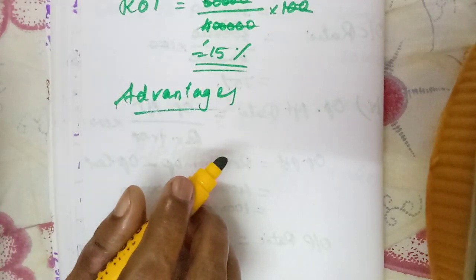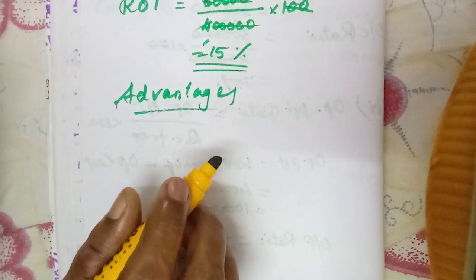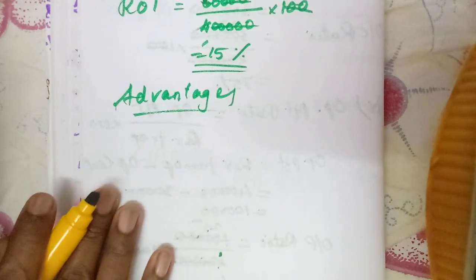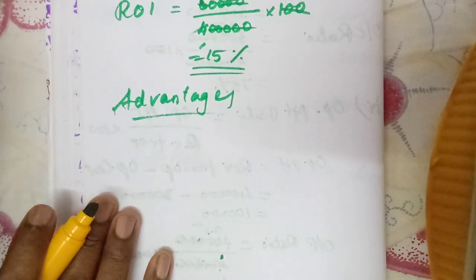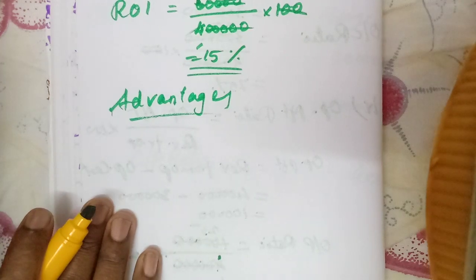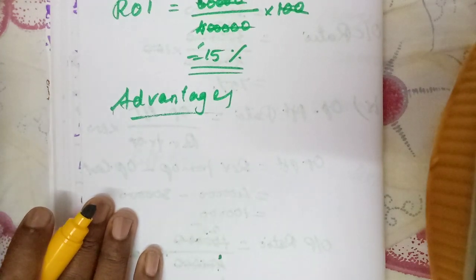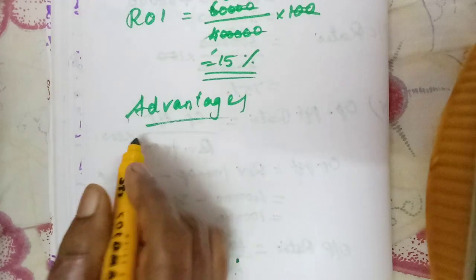Here we can measure the operational efficiency, isn't it? How it is operating, whether in a profitable manner. What is its operating cost, then cost of revenue from operation. Everything about their efficiency can be measured.